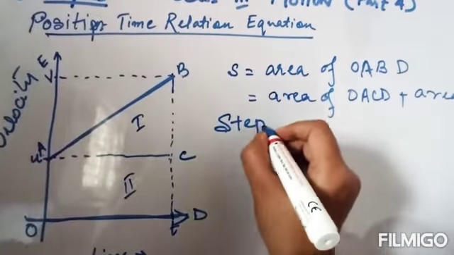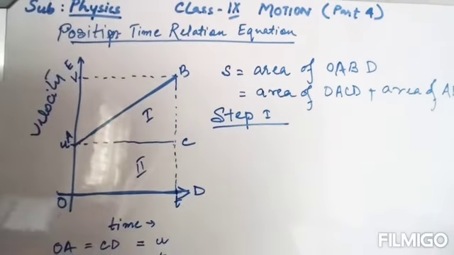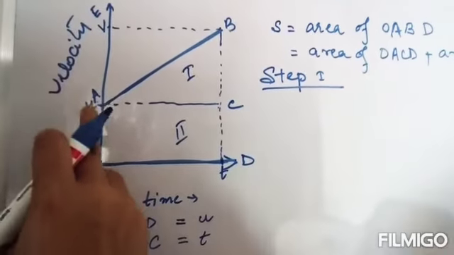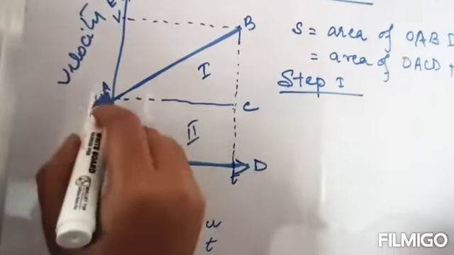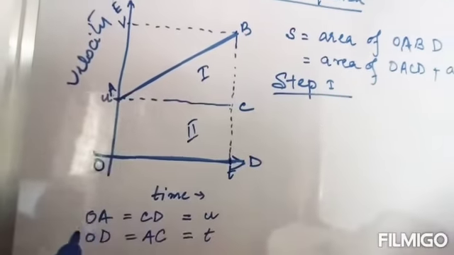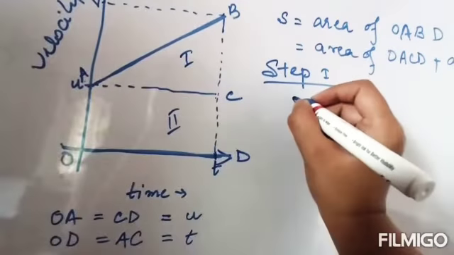We will be talking about the area of the rectangle. Here we already know the area of a rectangle means length into breadth. The length is AC, or we can say OD, so AC is equal to OD.